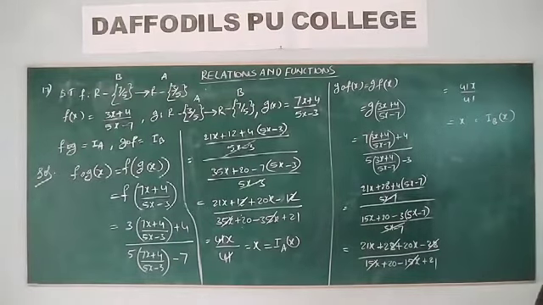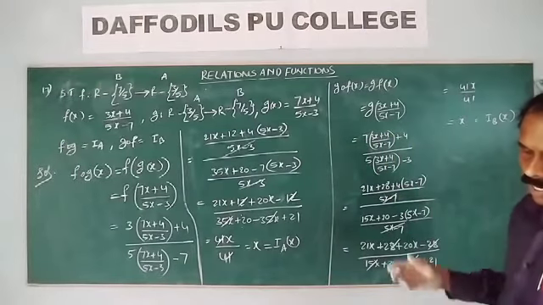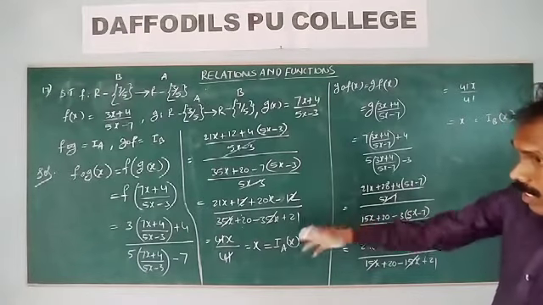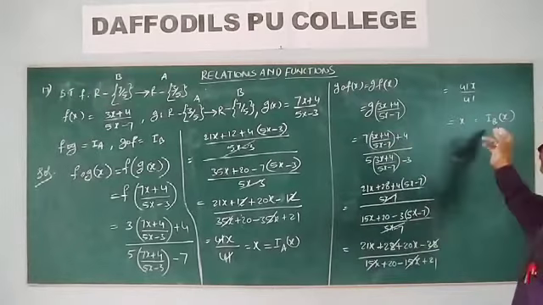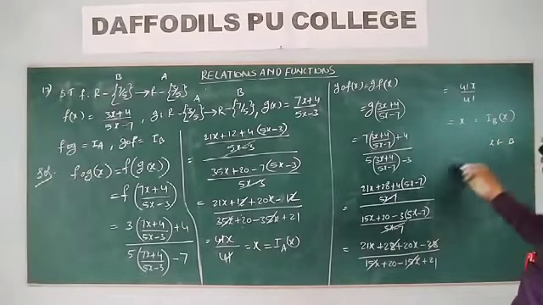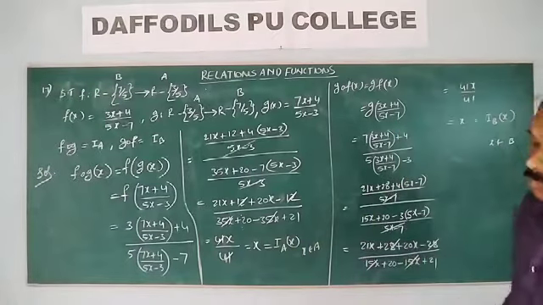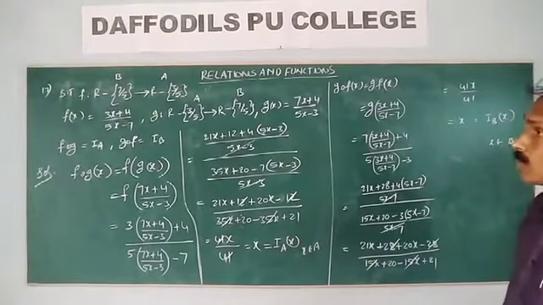That is the problem, the 17th problem. What will we show? F circle G is equal to I_A of x, and G circle F of x is equal to I_B of x, where x belongs to B, here x belongs to A. So this is the problem. Like that, right, students? Finally, what do you write?